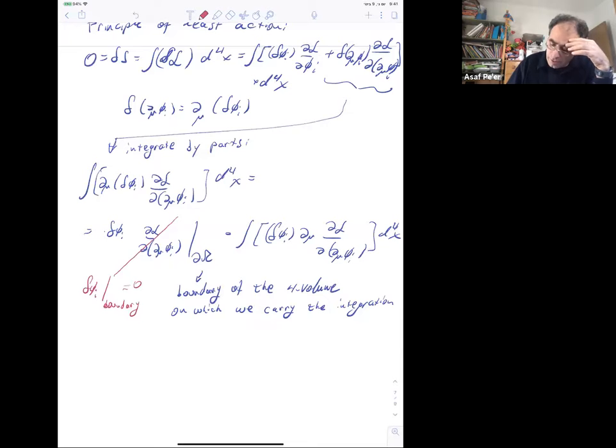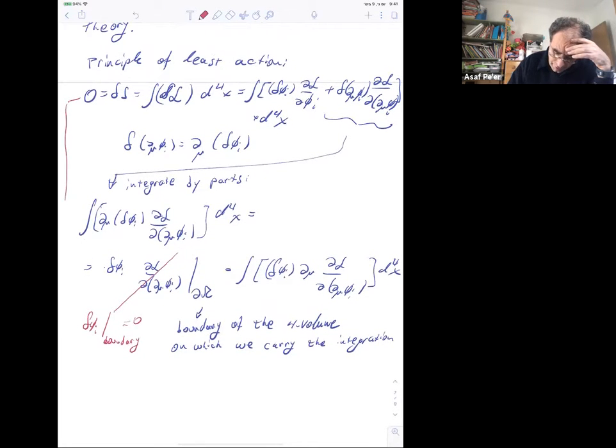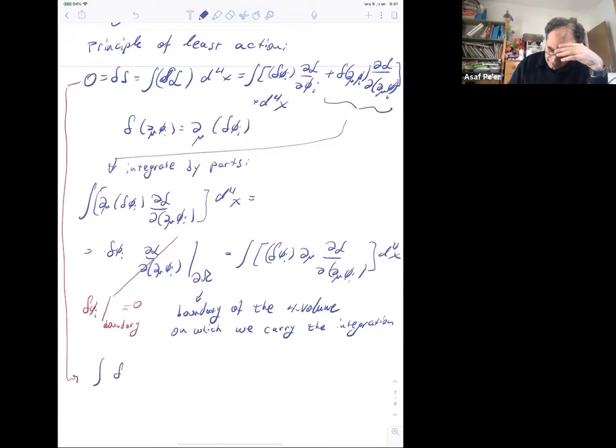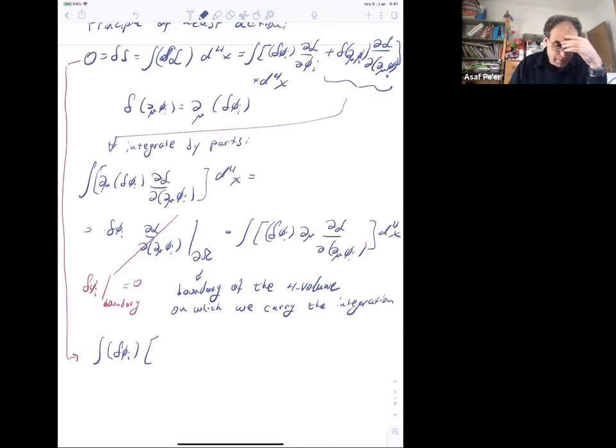And we get back from here the integral of delta phi_i, times dL over d phi_i minus d_mu dL over d(d_mu phi_i), d^4x, equal to 0. And delta phi_i, of course, is arbitrary.